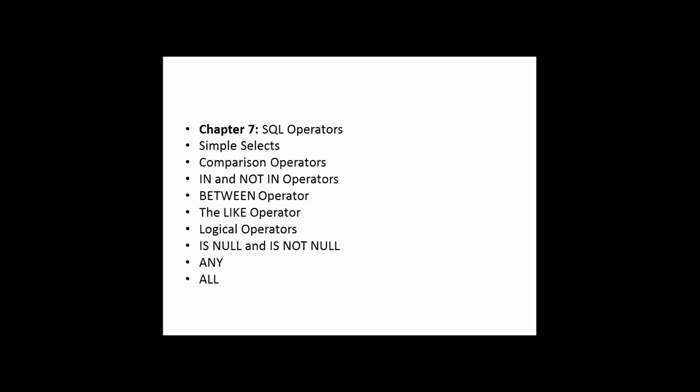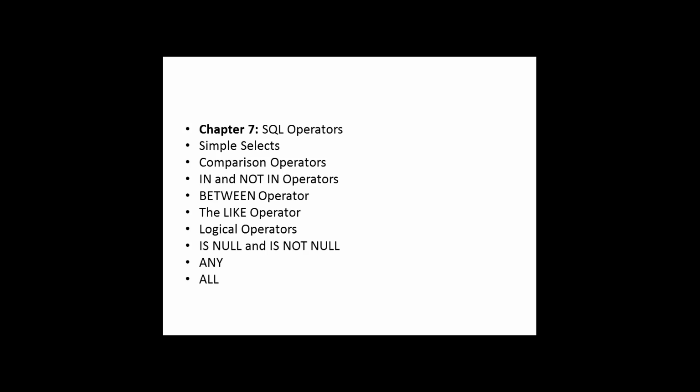I want to see all the employees who joined between July 1st and July 10th. So we write select star from table name where hire date between July 1st and July 10th, and then we get only that particular information.